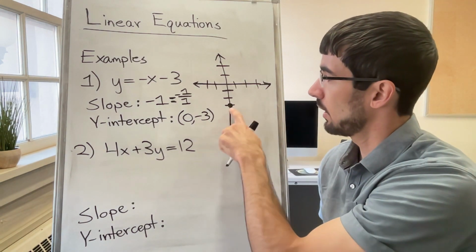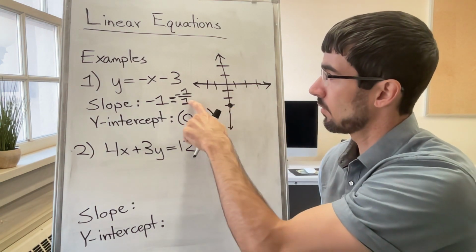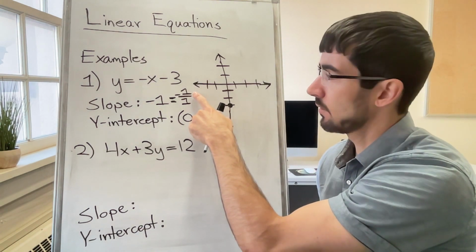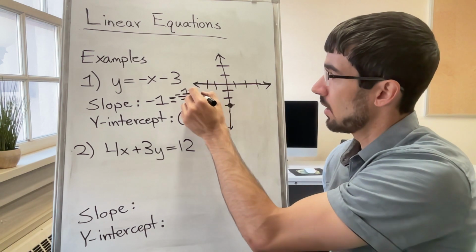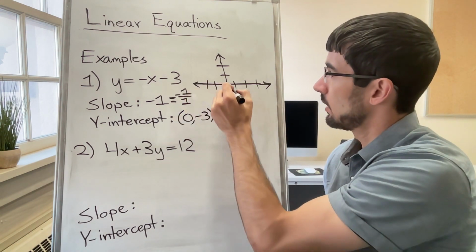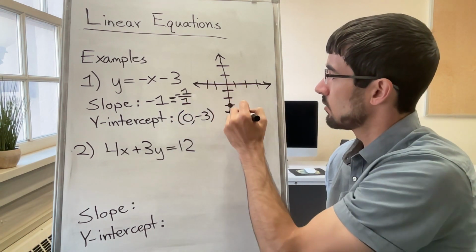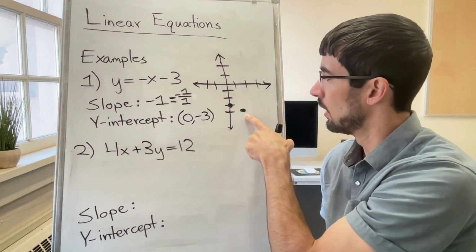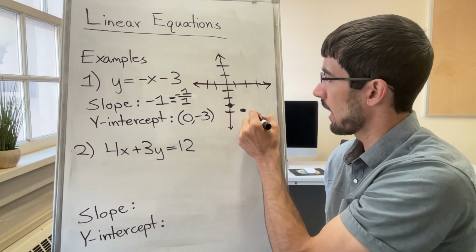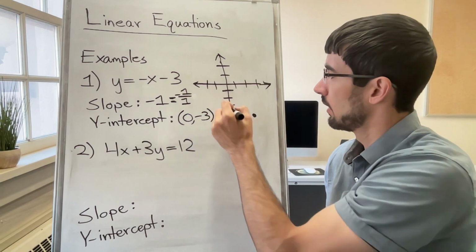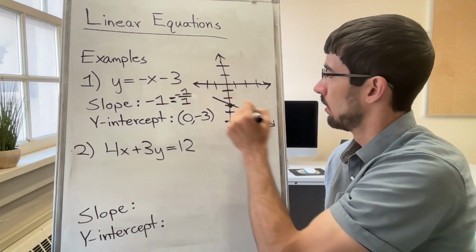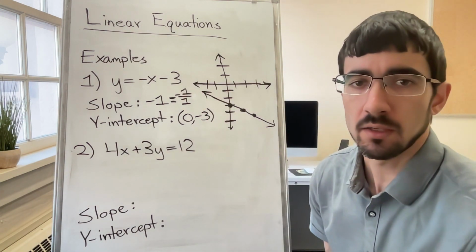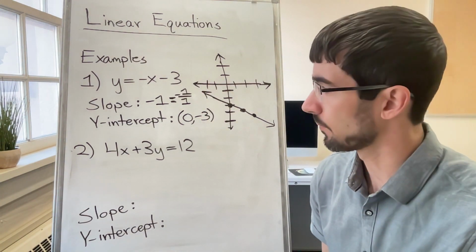We know the line passes through that point. The slope is negative 1, so negative 1 over 1 means down 1, right 1. Down 1, right 1, and that gives us another point right here at (1, negative 4). I could keep following that pattern to get a couple more points and then connect them with a straight line. Here is the graph of the line y equals negative x minus 3.